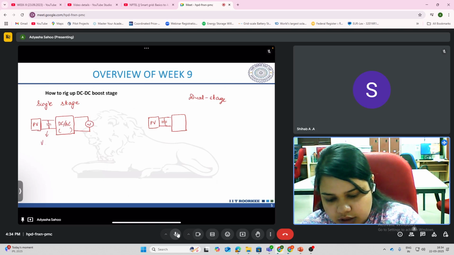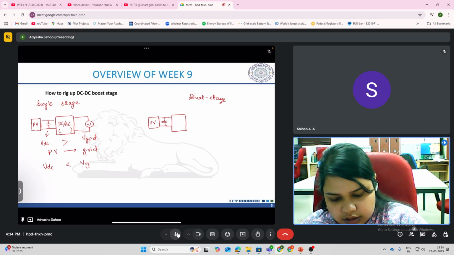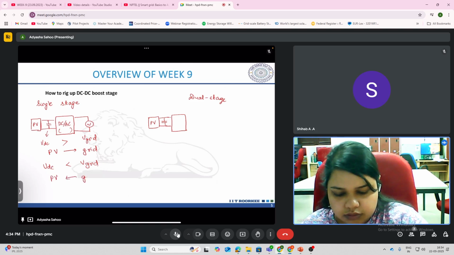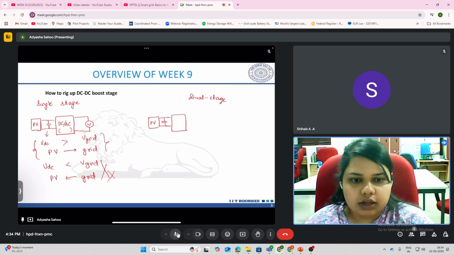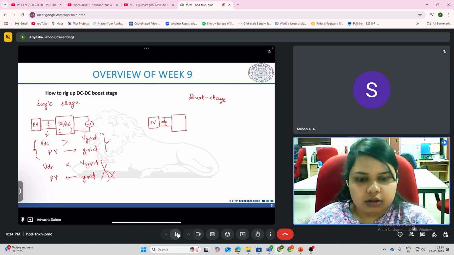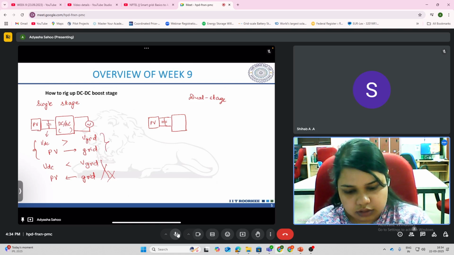So if this VDC is greater than this V grid, then the power will flow from PV side to the grid side. If this DC link voltage is less than the grid side voltage, then there will be power flow from grid to PV, which we do not want. So to avoid this operation, we control this DC side voltage to be greater than the grid side to feed the power to the grid.